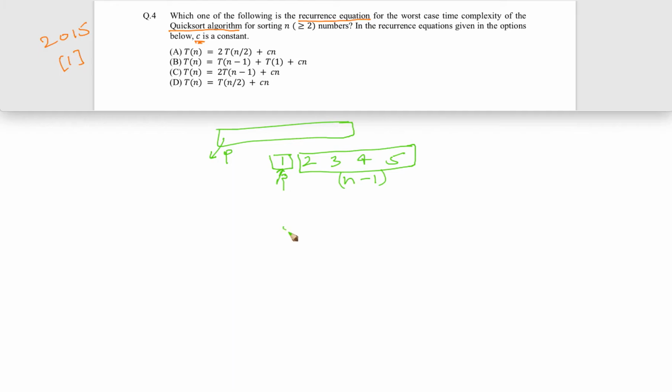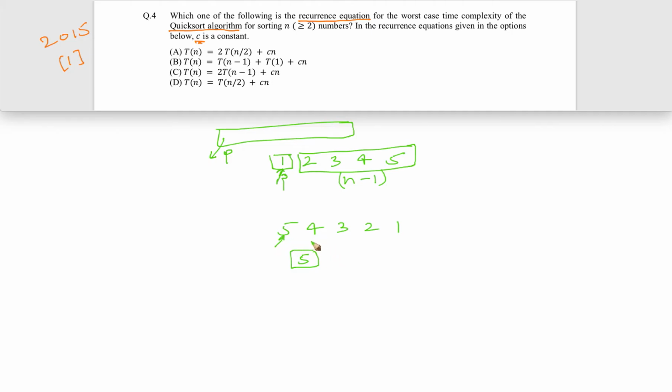Similarly, if a list like 5 4 3 2 1 is there, then what is going to happen? Let's say we choose the first element as the pivot, so the pivot is 5, and we split the list such that all smaller elements come towards the left and bigger ones come towards the right.